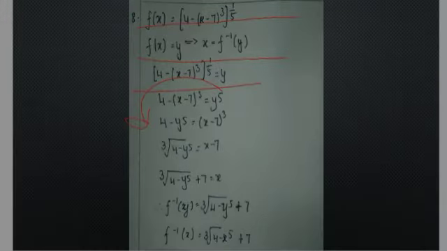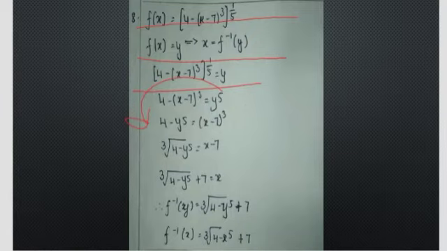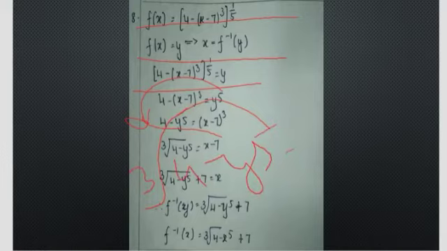Then again, if you send this here and bring that here, it will become root 3 of 4 minus y to the 5 is equal to x minus 7.